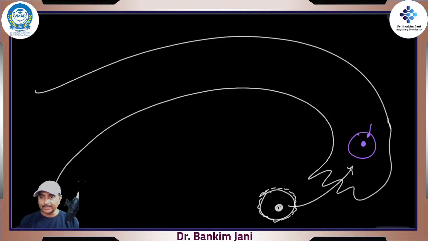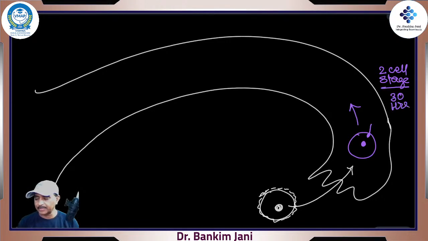When it is fertilized, it moves to the next level. This is what is called the two cell stage. This occurs in about 30 hours of fertilization.